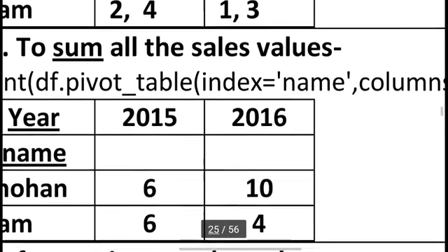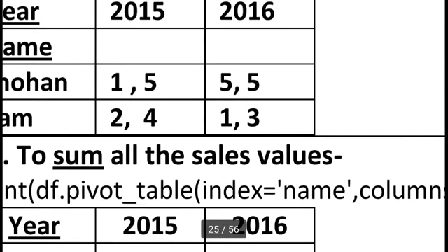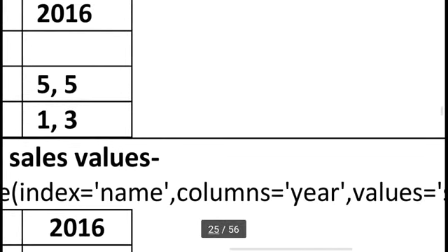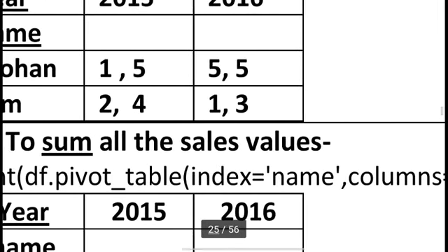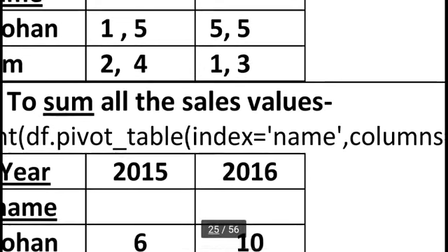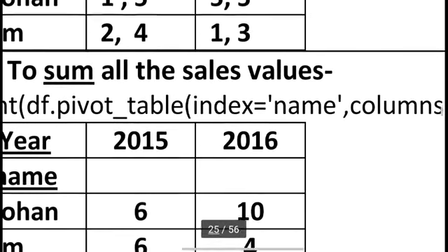This is our sales value, but I want to add all the sales values. So here I am using the aggfunc parameter equal to np dot sum. So here you can see 1 plus 5 is 6, 5 plus 5 is 10, 2 plus 4 is 6, 1 plus 3 is 4.